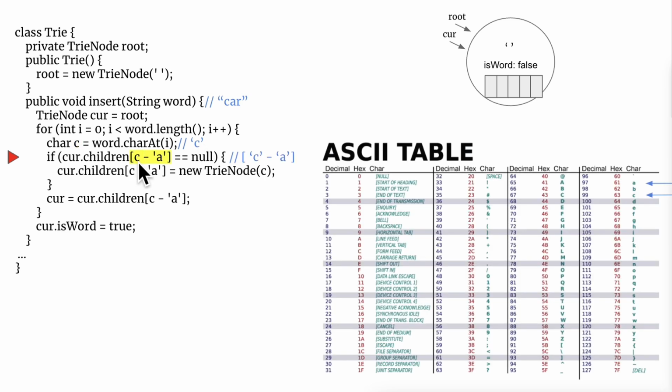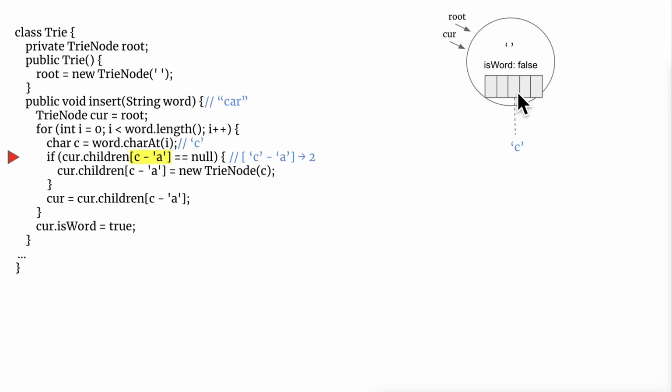So here, c minus character A means character C minus character A, which refers to subtracting the ASCII value of character A from the ASCII value of character C. What is the expected result? Yes, we got 2, which is exactly the index where character C is supposed to be in this array.